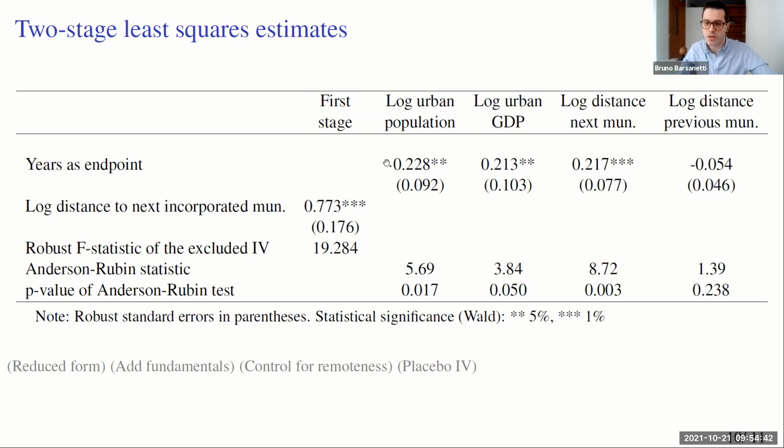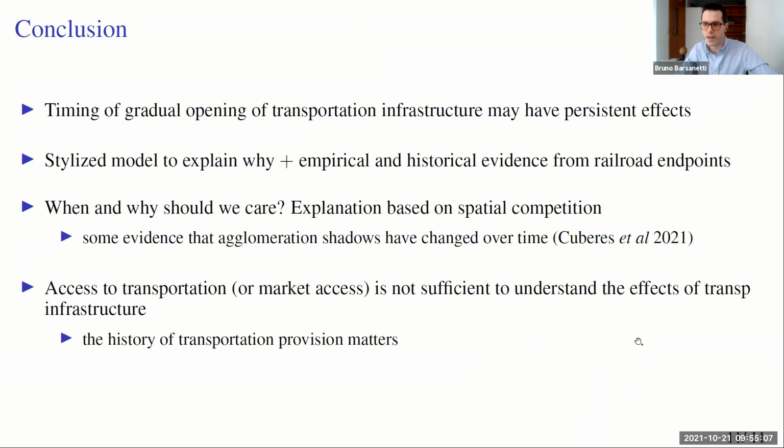And when we turn to the two-stage least squares estimates, we find results that are similar, slightly larger, but qualitatively they point in the same direction as the OLS: larger urban populations, larger distance to the next municipality, but it's not clear there is an effect on distance to the previous municipality. So I guess I probably ran out of time, and so thank you all. It's a pleasure to present here.